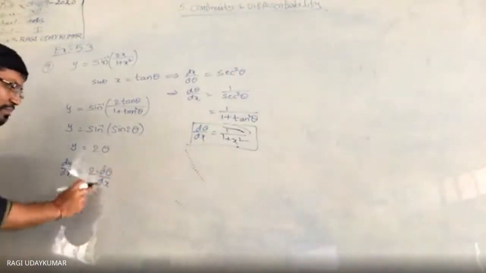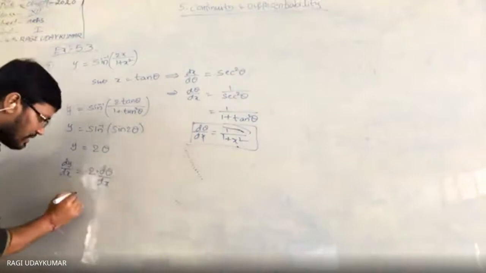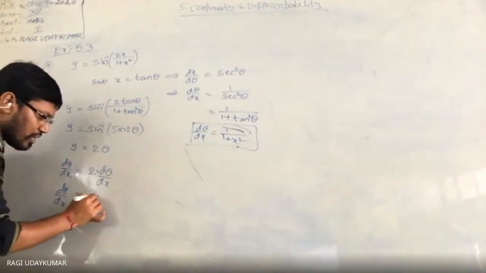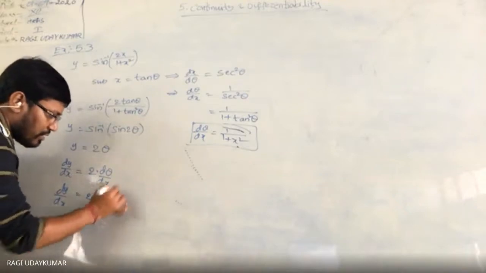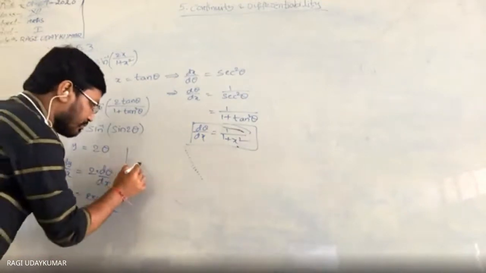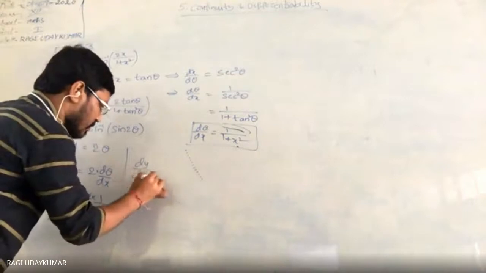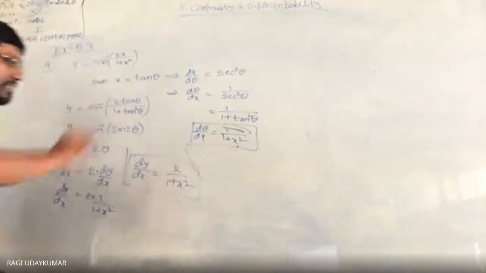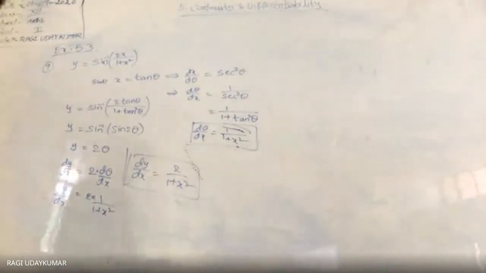Replace this d theta by dx here. So dy by dx is equal to 2 into 1 by 1 plus x square, that is dy by dx is equal to 2 by 1 plus x square. This is the required answer.